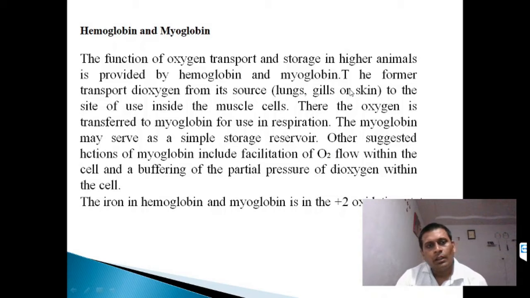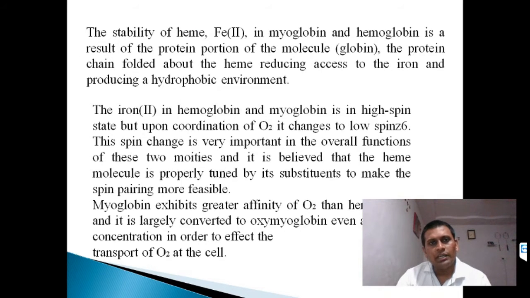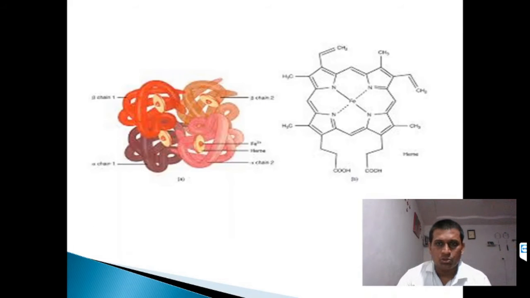The function of hemoglobin is transport of oxygen to all parts, providing oxygen to the tissues and picking up carbon dioxide in the deoxy form, and then going back to the lungs, where it expels CO2.